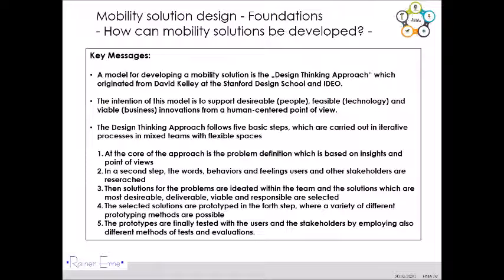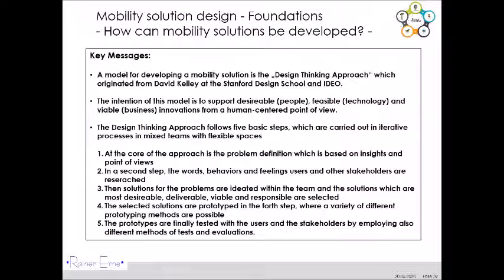The intention of the model is mainly to develop marketable or desirable solutions which address the needs of the users or the customers. So it's a human-centered point of view.